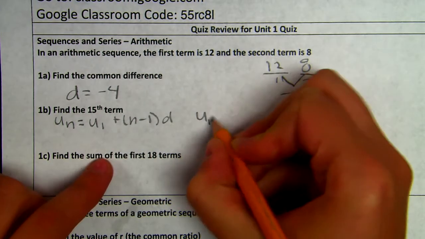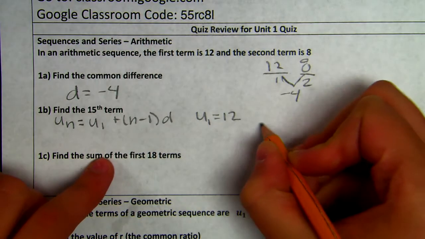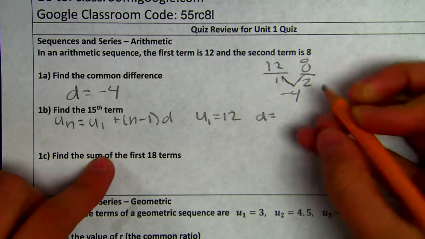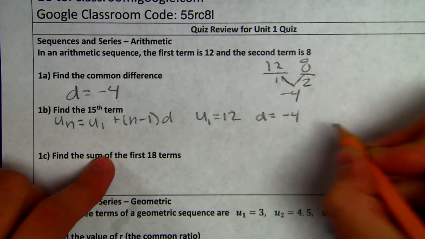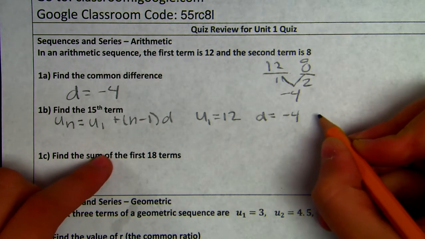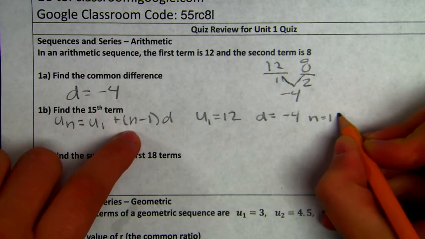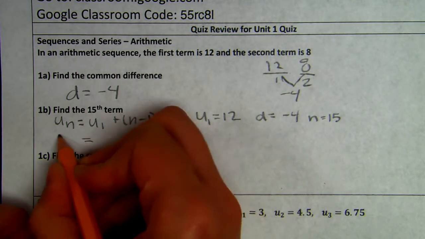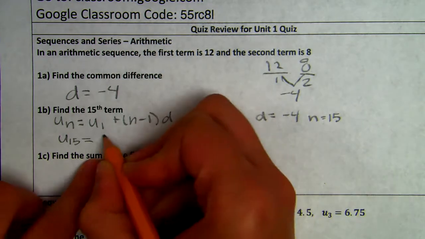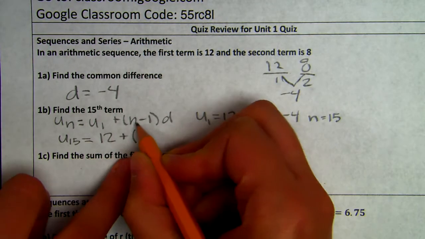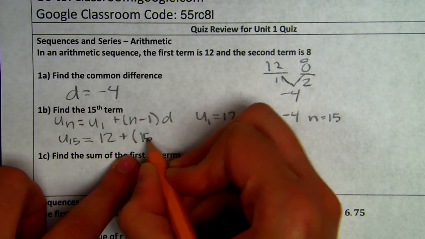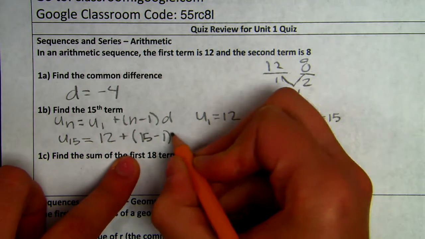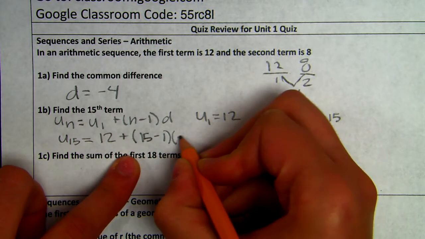We know that the first term is 12. We know that our common difference is going to be negative 4, and we also know that the term we're looking for is the 15th term. So let's plug that in. U15 equals first term plus the number of the term we're looking for minus 1 times our common difference.